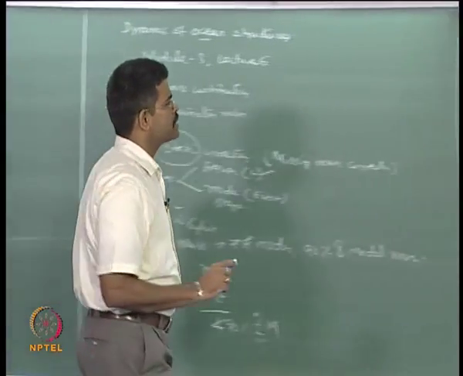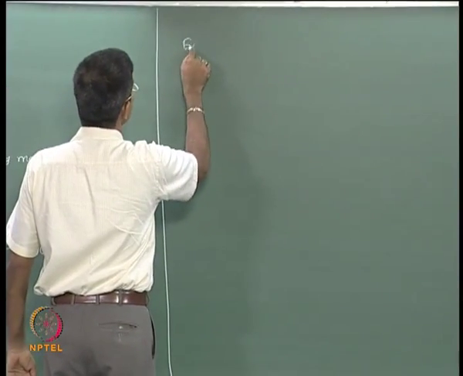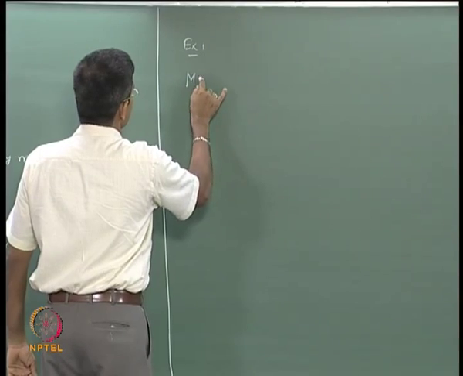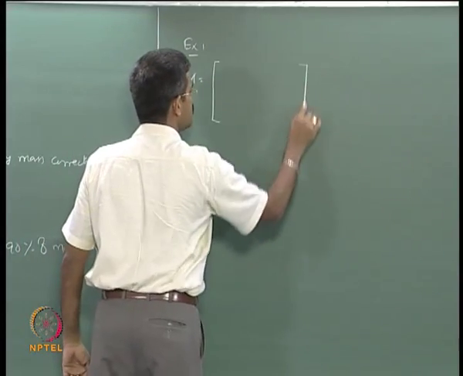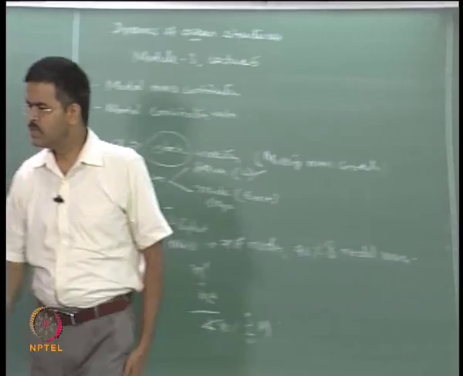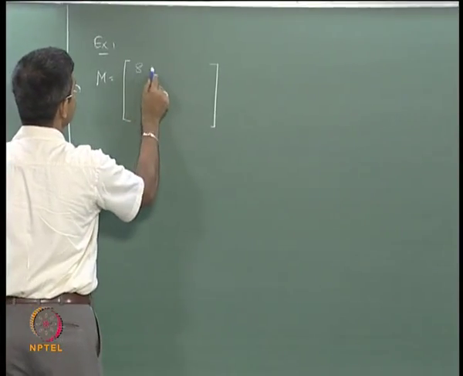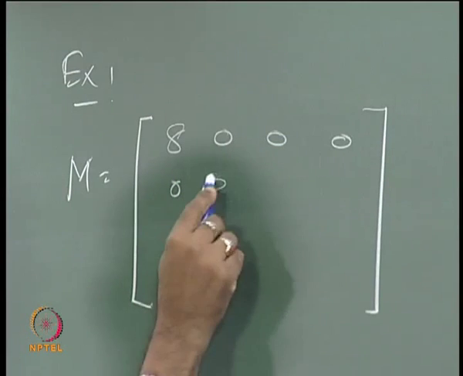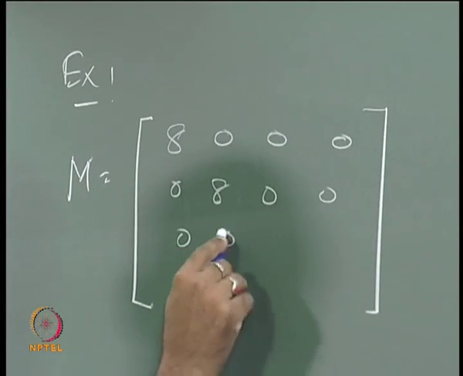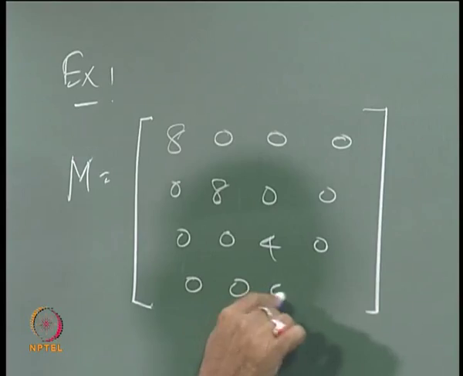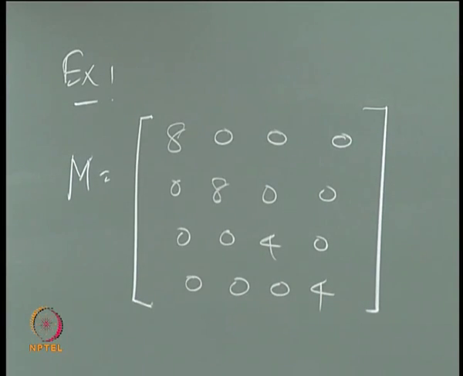So let us say I have an example here. The mass matrix is given as a 4 by 4 matrix which is diagonal.